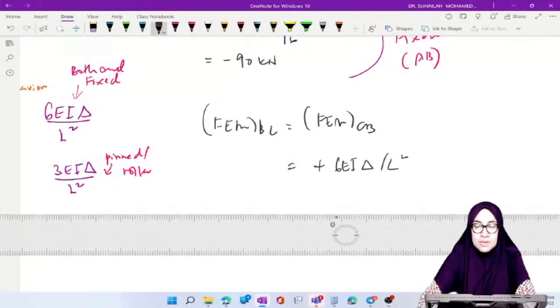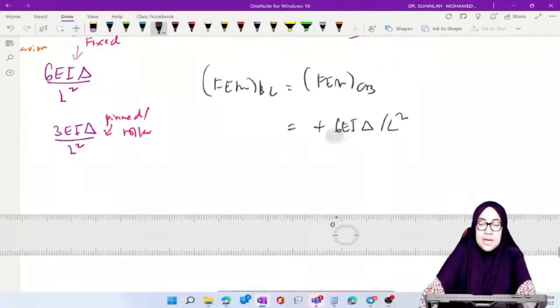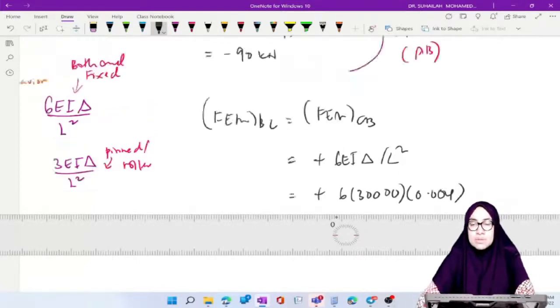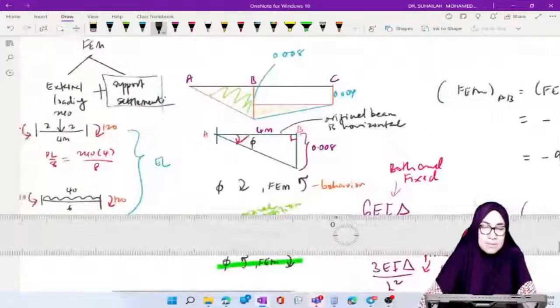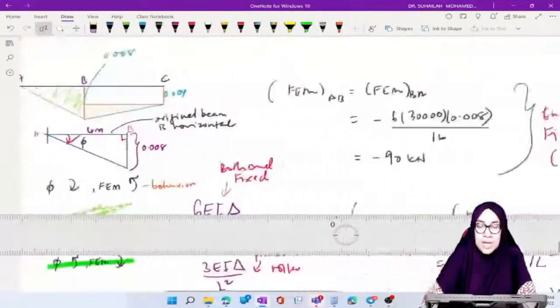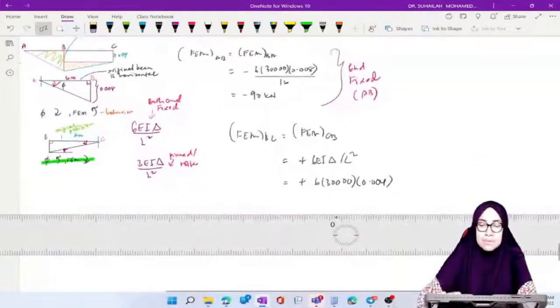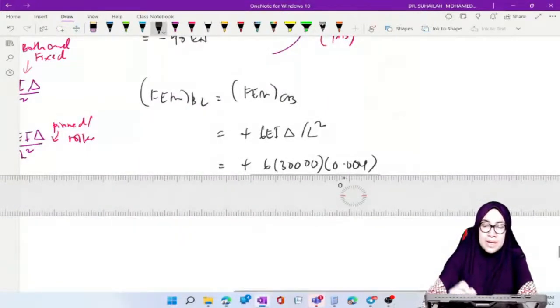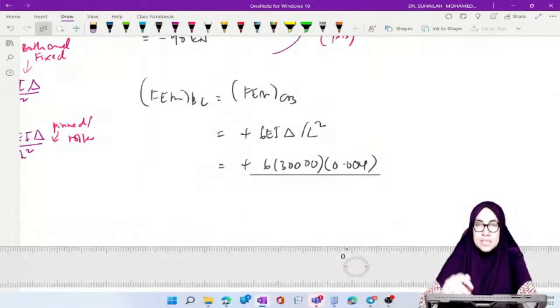This will be equal to positive 6 times 30,000 times 0.004, because it is 4 and 8, divided by 6 meters squared, which is 36.